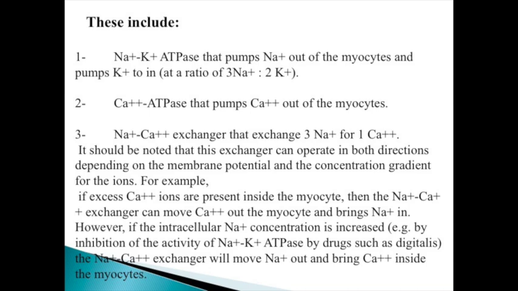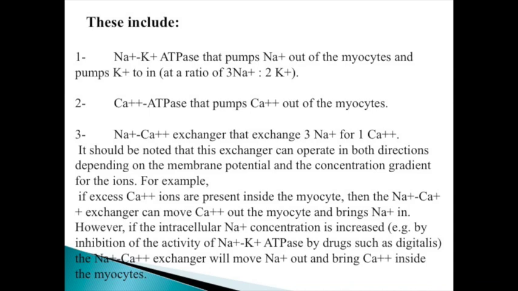It should be noted that this exchanger can operate in both directions, depending on the membrane potential and the concentration gradient for the ions. For example, if excess calcium ions are present inside the myocyte, then the sodium-calcium exchanger can move calcium out of the myocyte and bring sodium inside.